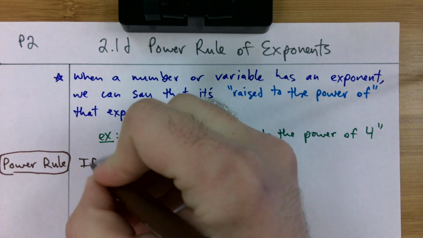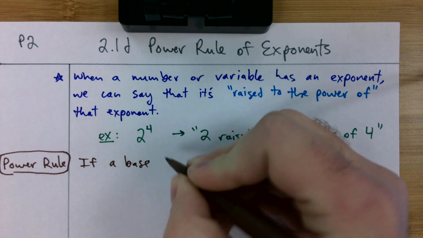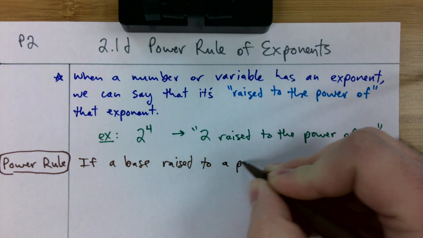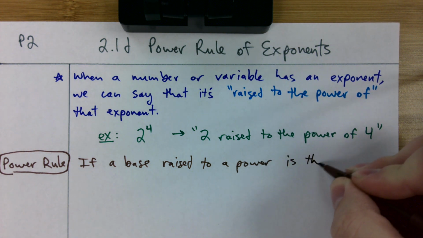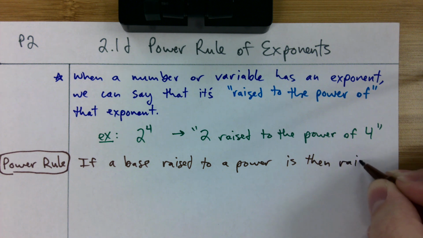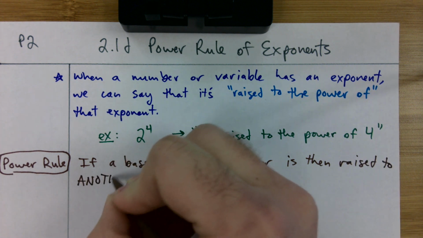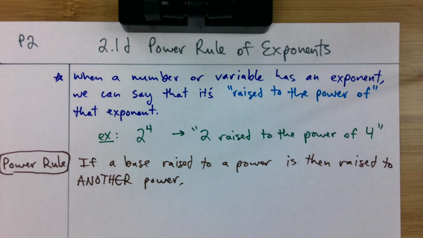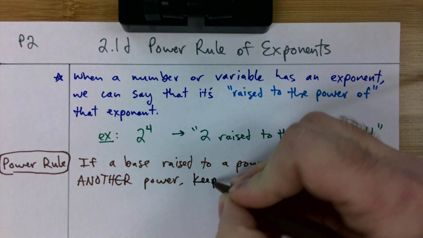So the power rule is this. If a base raised to a power is then raised to another power, keep the base the same.